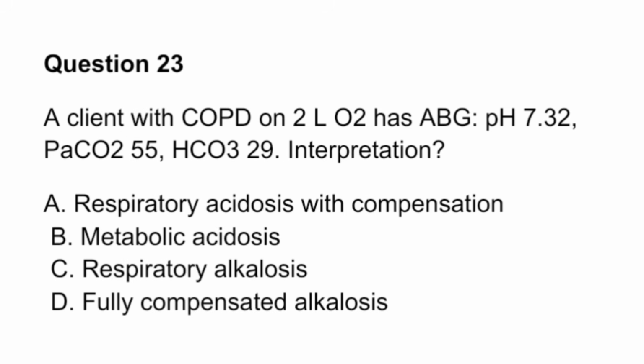Question 23. A client with COPD on 2 liters O2 has ABG pH 7.32, PaCO2 55, HCO3 29. Interpretation. A. Respiratory acidosis with compensation. B. Metabolic acidosis.